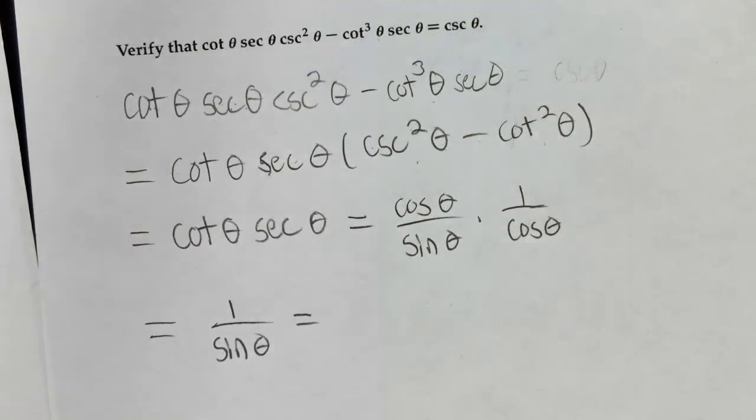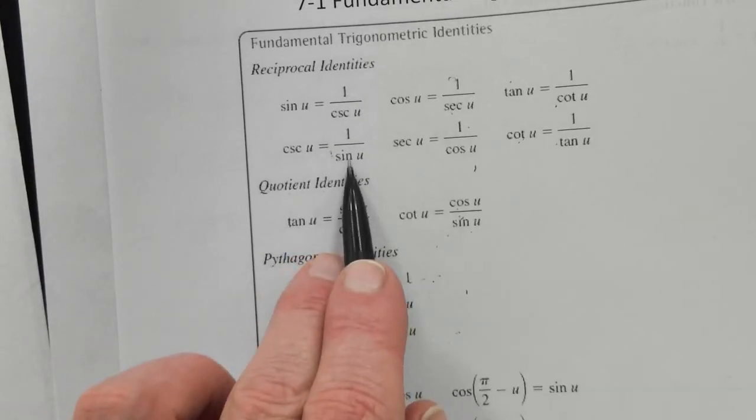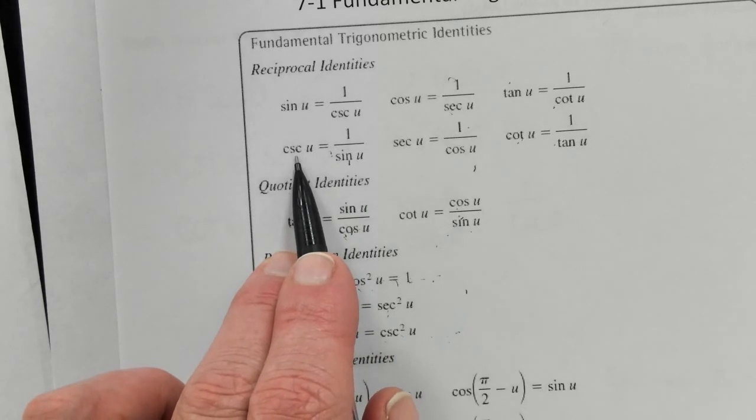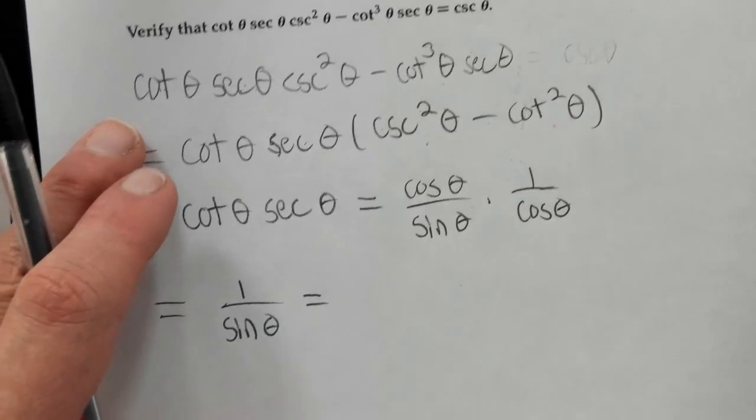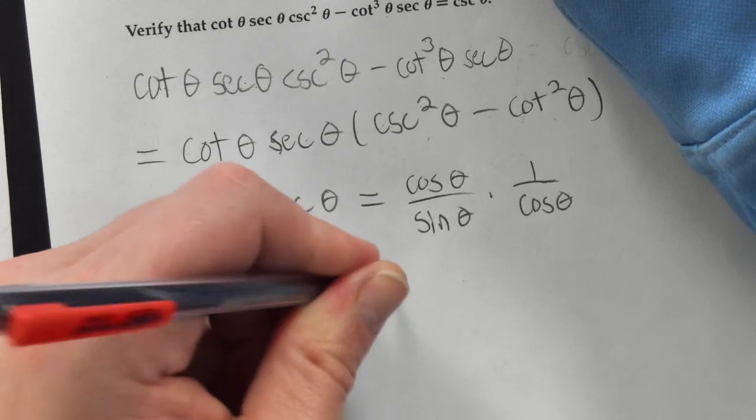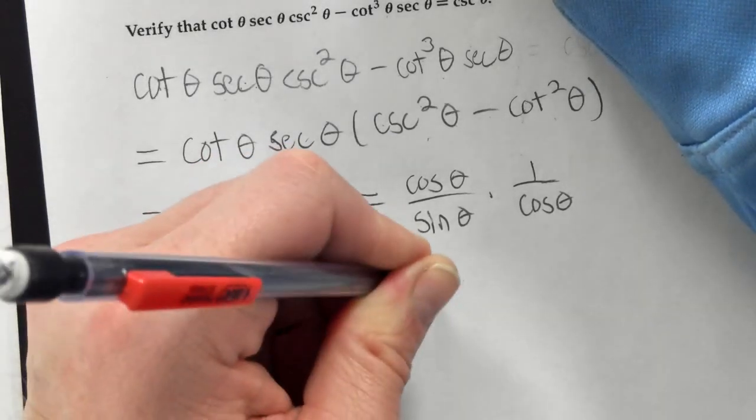And 1 over sine, guess what that's equal to? What I'm trying to verify? Cosecant. All right, and we're done.